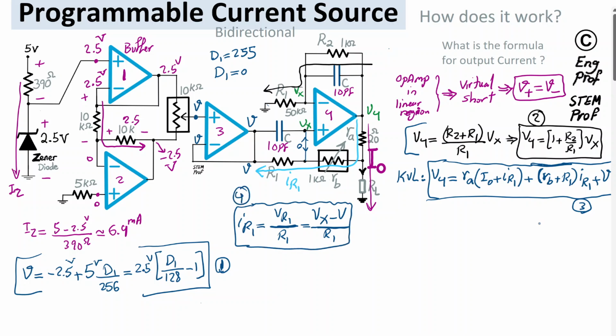I'm going to apply equation number 4 in 3, and then I'm going to set 3 equal to 2 because both 3 and 2 are trying to define V4 as a function of a bunch of things. So using 3 and 4 and then using 2 as well, which I'm going to use to substitute IR1, maybe I just put it here so that things are in a better fashion. Let me write it here.